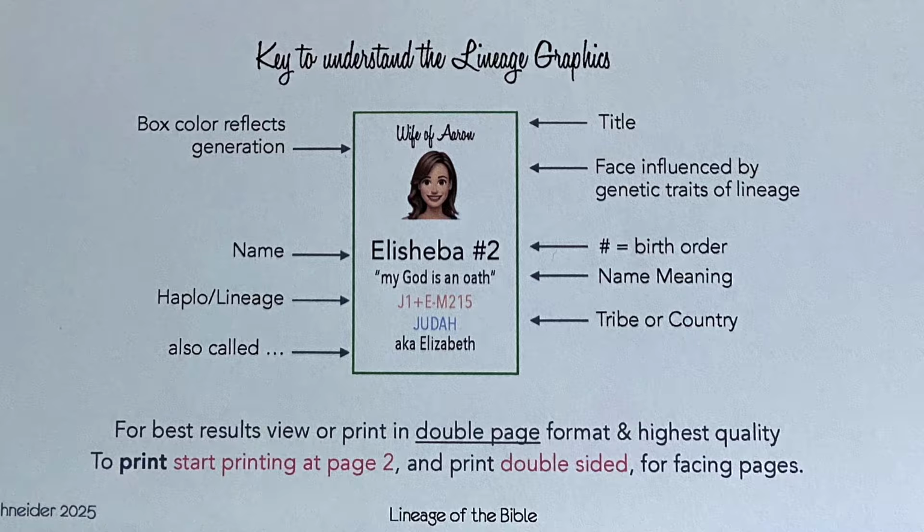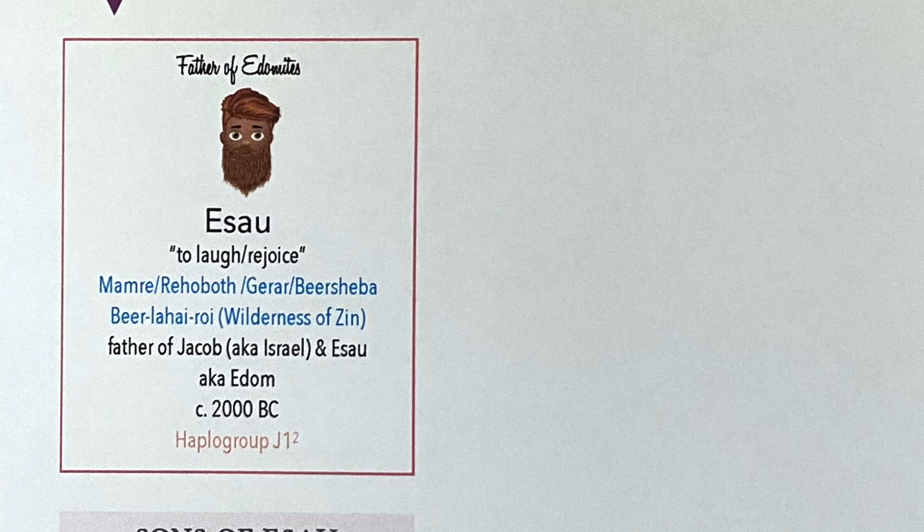Okay, so we have the title of the person, or how they're important, how they're related. Sometimes this is a wife or a husband or a cousin. Most of the time it's a title of what they do. The color of the box reflects which generation, because it's very important for me putting this together to keep the generations separated. There's a face, and if possible, I put how I saw that person in my dream.